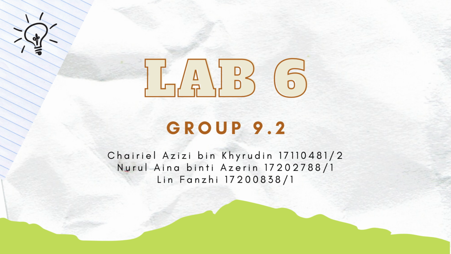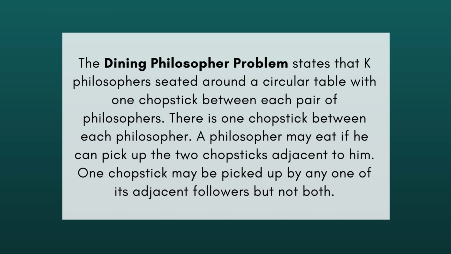Today we look at lab 6, which is regarding the dining philosophers problem. The dining philosophers problem states that philosophers are seated around a circular table with one chopstick between each pair of philosophers. A philosopher may eat if he can pick up the two chopsticks adjacent to him.